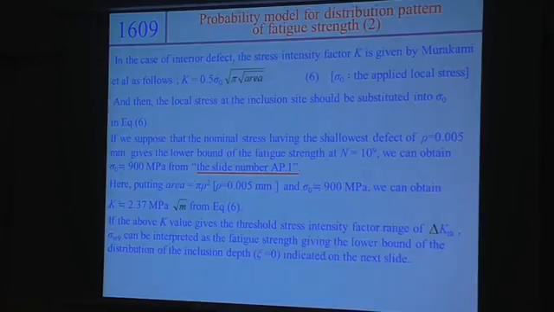If the above K value gives the threshold stress intensity factor range delta K threshold, sigma W9 can be interpreted as the fatigue strength giving the lower bound of the distribution of the inclusion depth xi equals 0, indicated in the next slide.